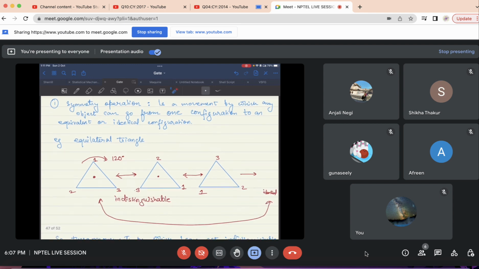For example, if I take the equilateral triangle, and in this triangle, let's say we denote the corners as 1, 2 and 3.